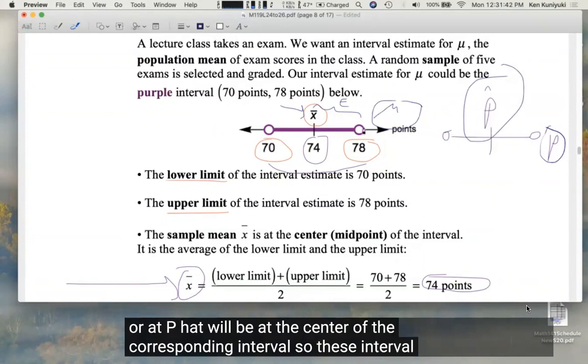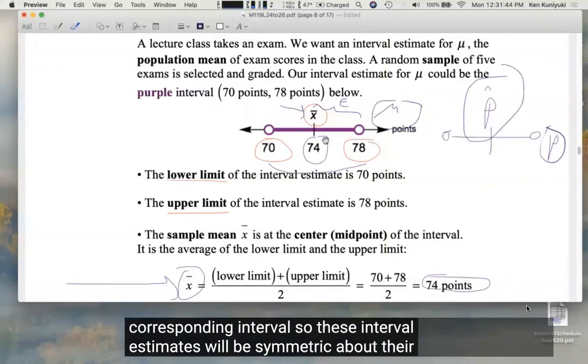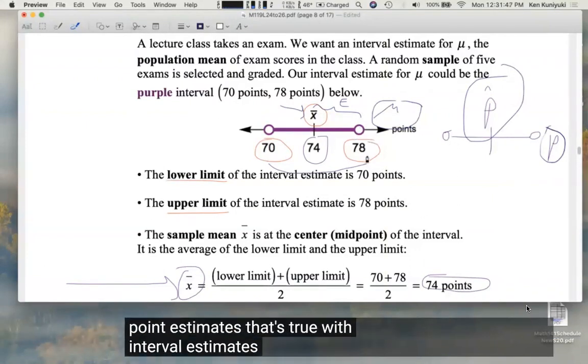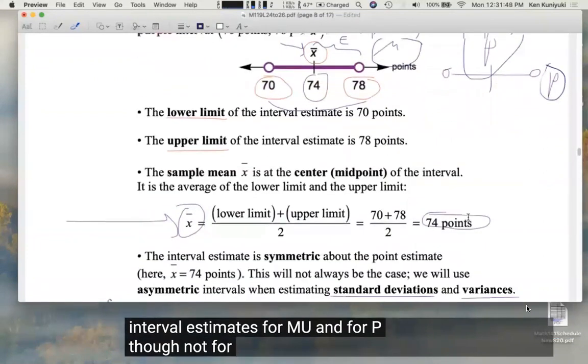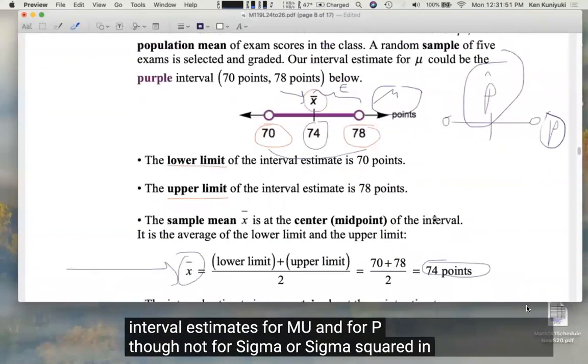So these interval estimates will be symmetric about their point estimates. That's true with interval estimates for mu and for p, though not for sigma or sigma squared.